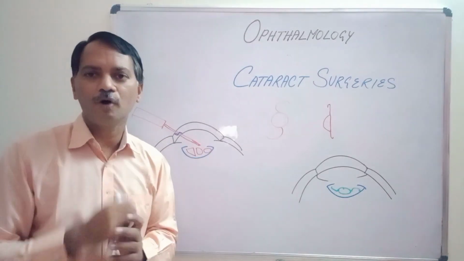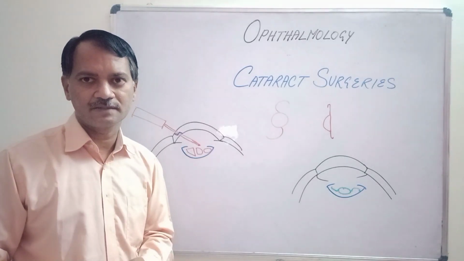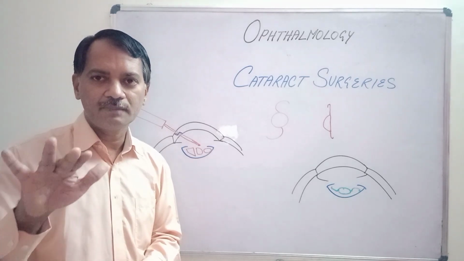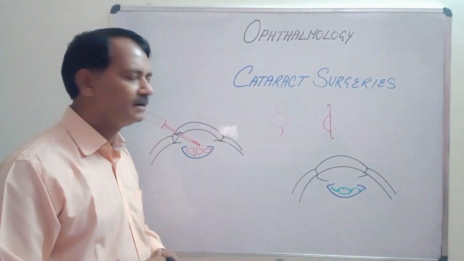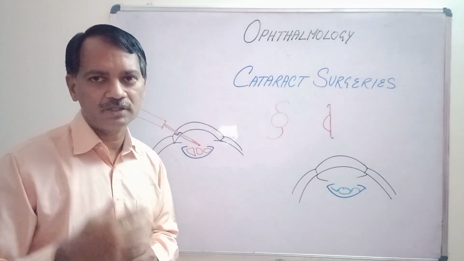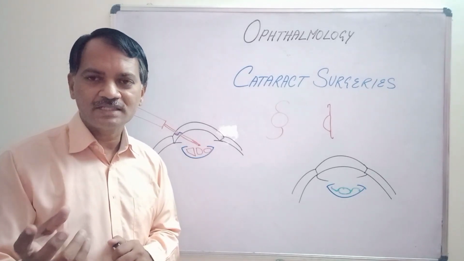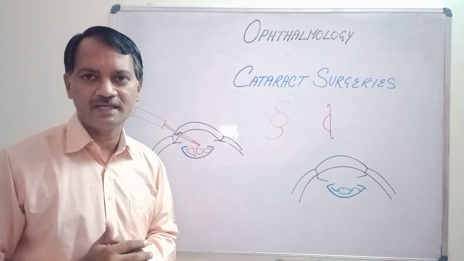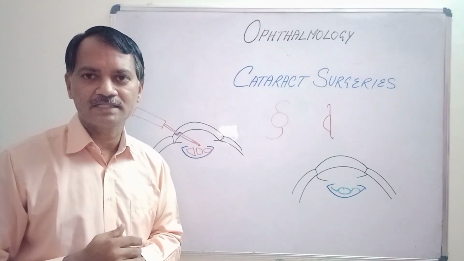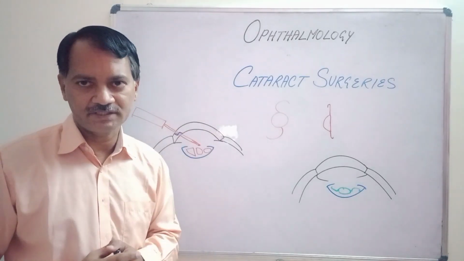But in manual small incision cataract surgery, because the wound is about 7 millimeters and we are placing a normal rigid intraocular lens into the bag, the recovery time is a little bit more for the patient compared to phacoemulsification surgery. Because the wound is a little bit bigger, the patient may land up with a small amount of astigmatism, which may need a spectacle to give full correction for vision.